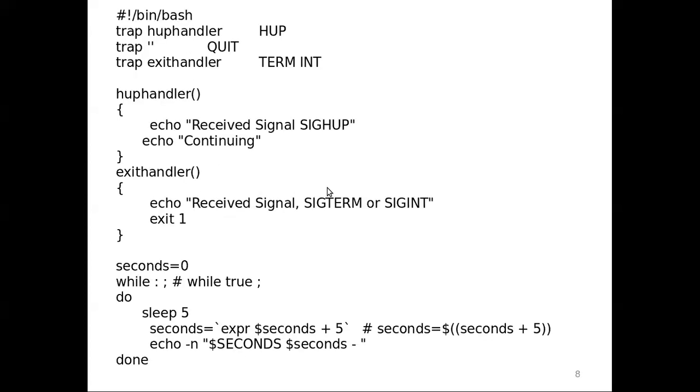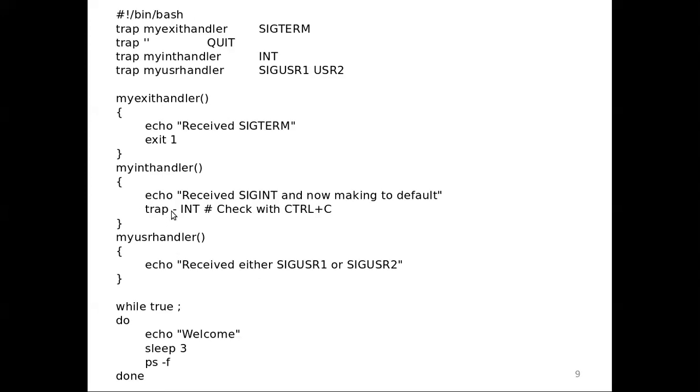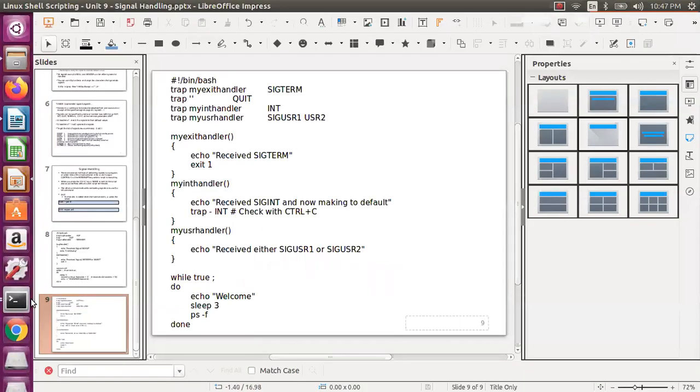I demonstrated these in separate programs, but here it is in one program. Handling, ignoring the signal, and resetting to the default action are all demonstrated here, and you can club all of this together in a single program.